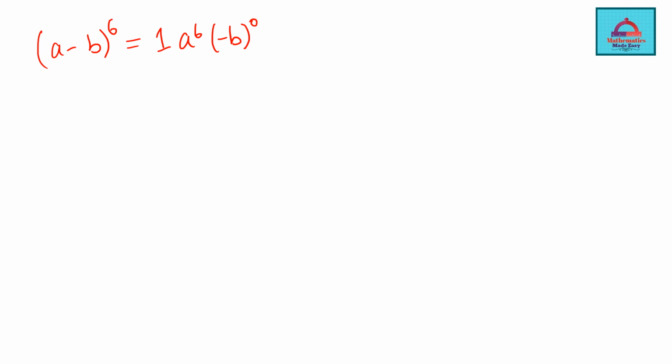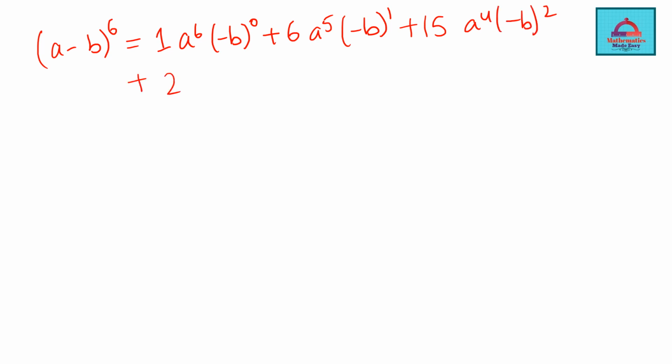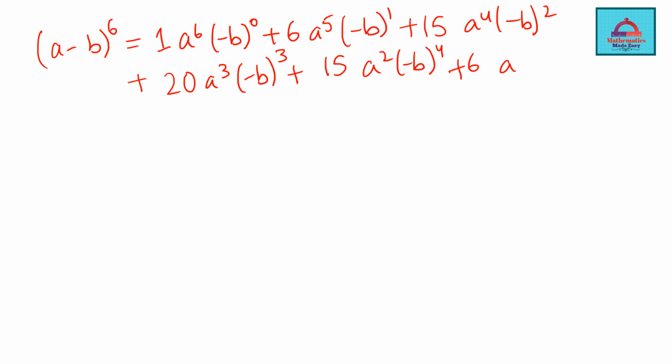Then you have plus 6, a to the power 5 minus b to the power 1, plus 15, a to the power 4 minus b to the power 2, plus 20, a cubed minus b to the power 3, plus 15, a squared minus b to the power 4, plus 6, a to the power 1 minus b to the power 5, plus 1, a to the power 0 minus b to the power 6.